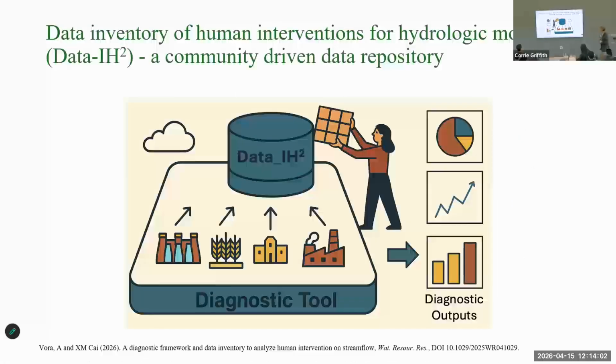Based on what we have, one of my PhD students developed a data inventory. He called it data IH2.